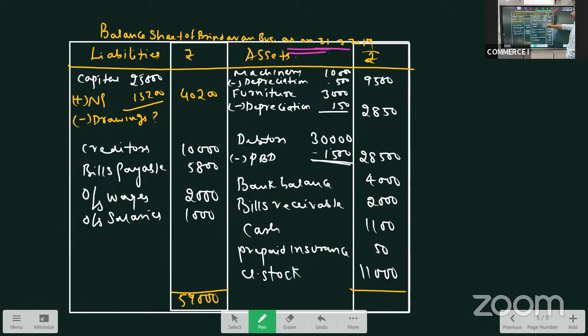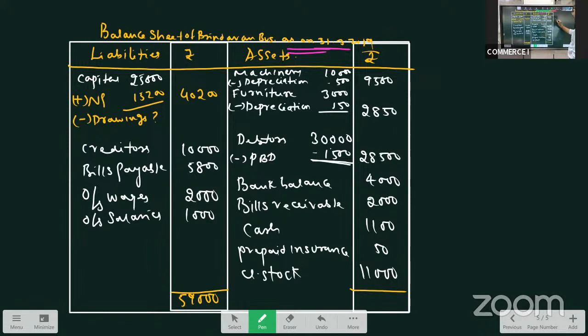9,500, 28, 37, 38, 66, 70, 72, 73, 83, 81, 9,500, 2,850.